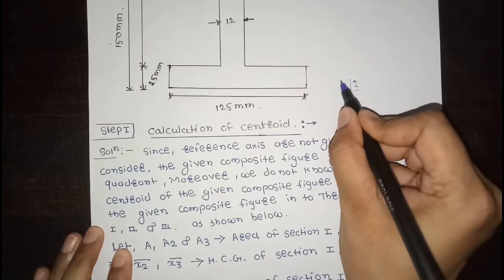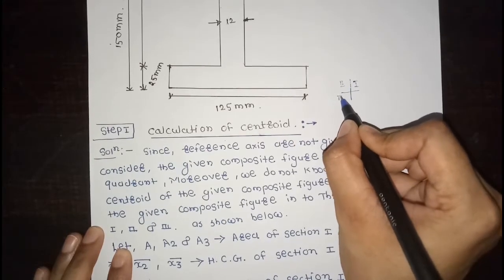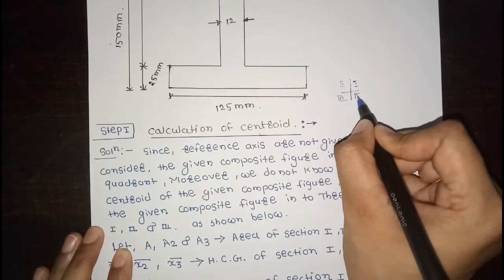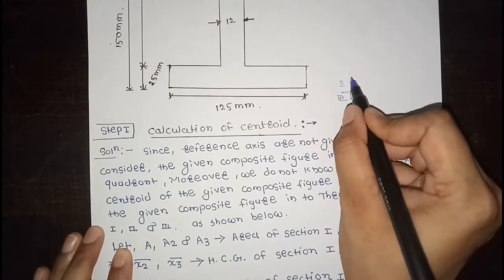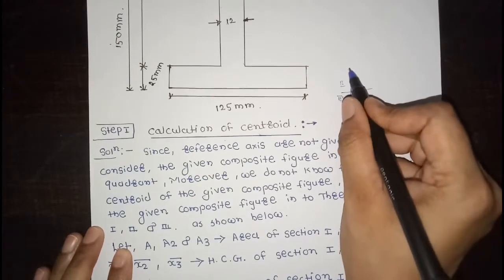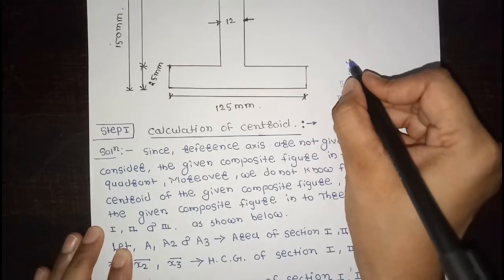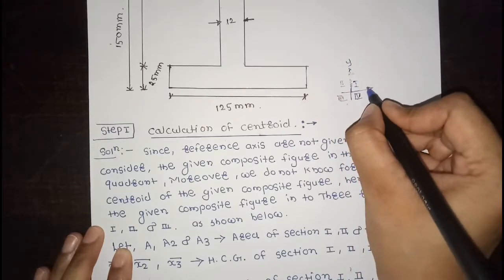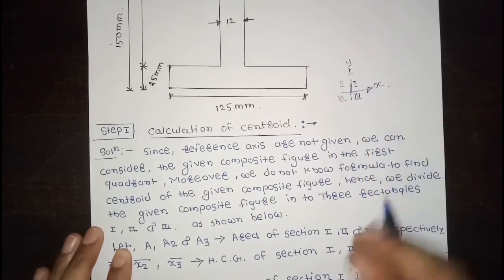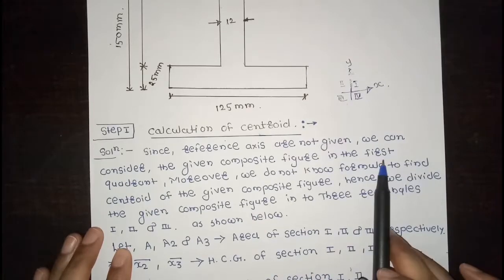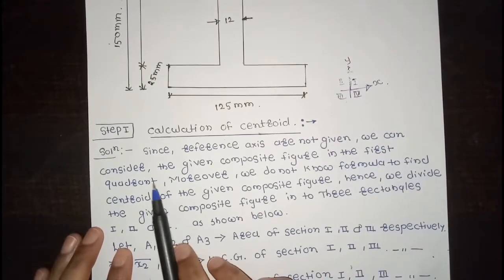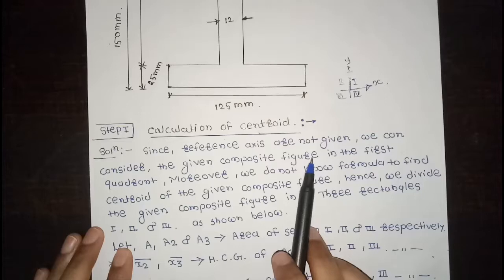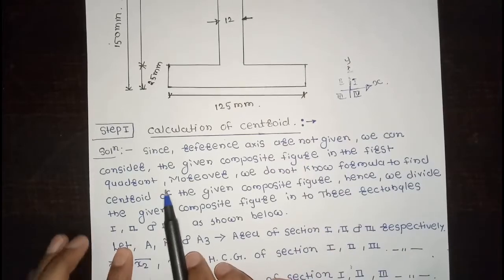This is the first quadrant, this is the second quadrant, this is the third quadrant, and this is the fourth quadrant. So in the first quadrant, this is the reference axis y and this is the reference axis x. So we can consider the given composite figure in the first quadrant.